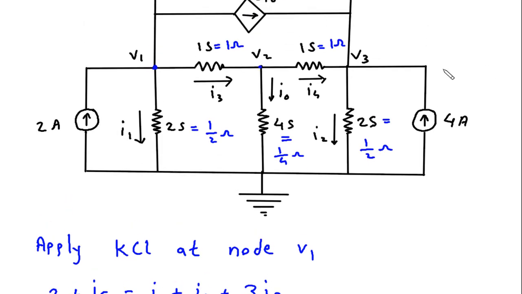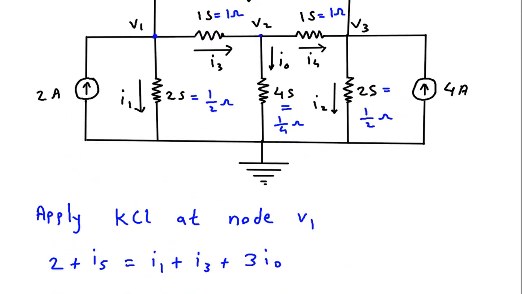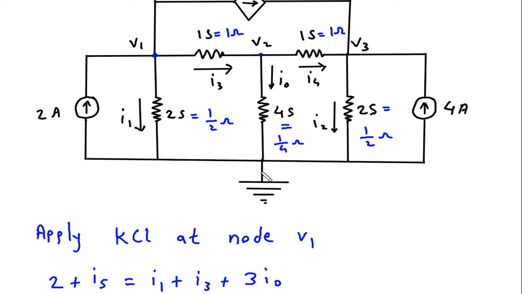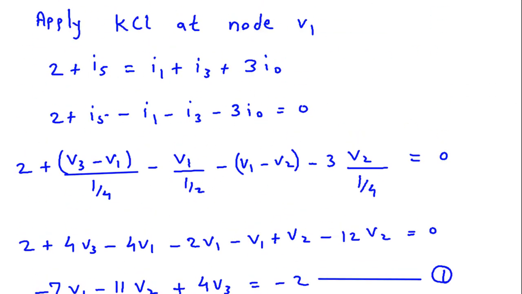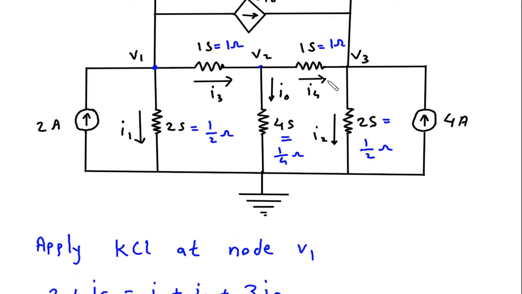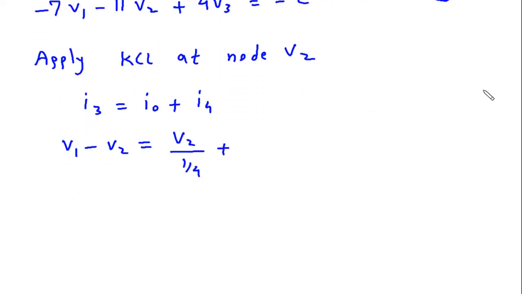IO is V2 minus 0 by 1 by 4, plus I4. I4 is V2 minus V3 by 1, directly V2 minus V3.